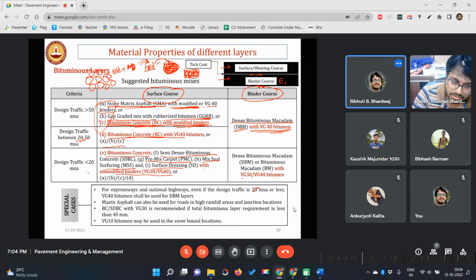CBR is only for granular materials, not for bituminous materials. Basically, from CBR also, what are you finding ultimately? The elastic modulus or modulus of resilience, right? So basically E and mu. Same thing for bituminous mix also, we need to find out E and mu.